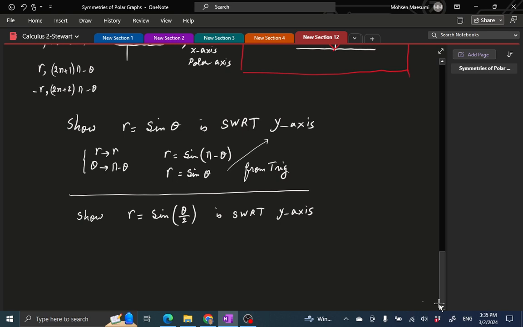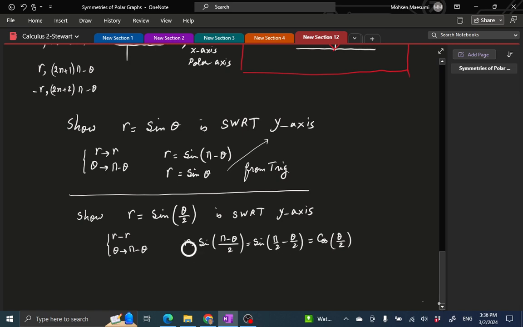We might say, okay, let's try it. r goes to r and theta goes to the other side, becomes pi minus theta. So instead of r, I just write r. Sine of, instead of theta, I write (pi minus theta) divided by 2. Well, this is sine of pi over 2 minus theta over 2. And again, you remember the trig identity that this becomes cosine of theta over 2. Just apply the identity for differences of angles or complementary angles.